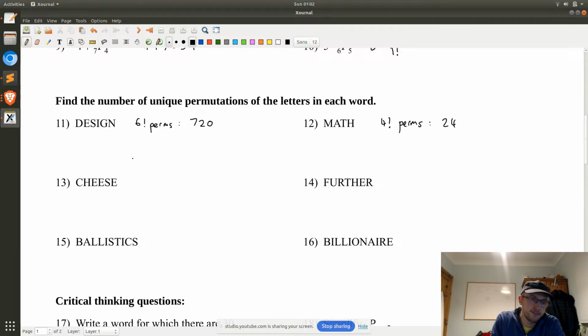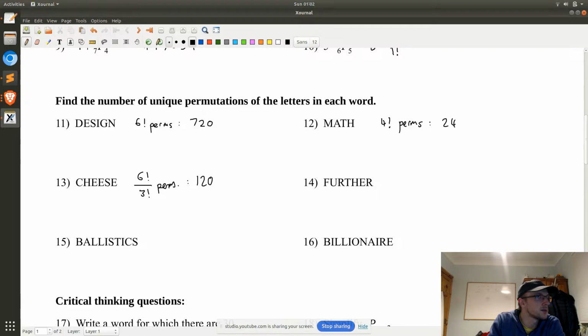Now, we have a repeat of the letter E 3 times. So that would be 6 factorial over 3 factorial permutations, which is 720 over 6, which is 120.